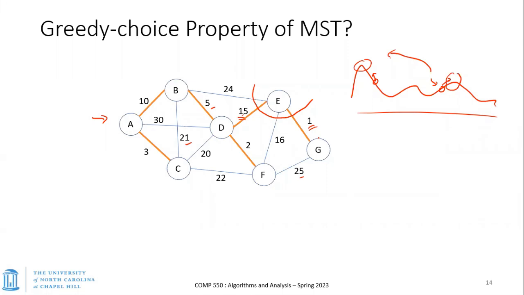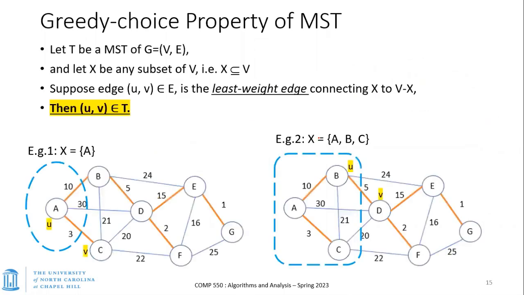So that's what we're going to expand now. We were starting off with just one vertex, and now we're going to expand that concept. We're starting off again with an original tree T and a graph G with a bunch of vertices and edges.